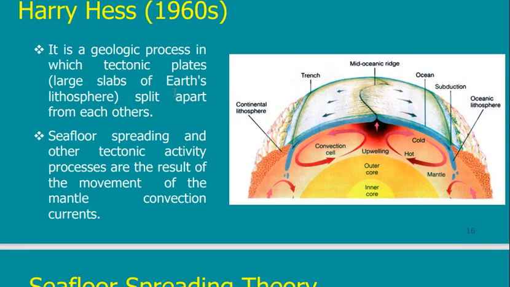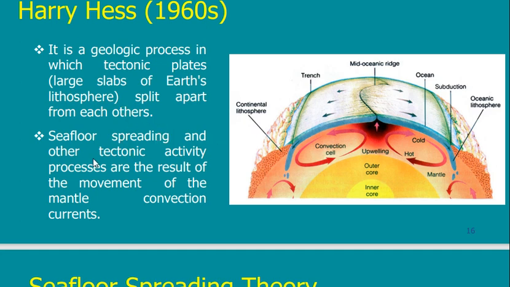His theory states that it's a geologic process in which tectonic plates, the large slabs on top of the earth, split apart from each other. So the first thing is that this big plate splits into smaller plates.